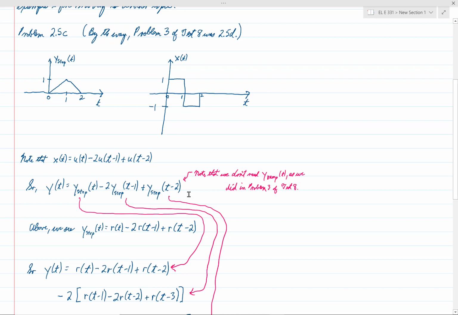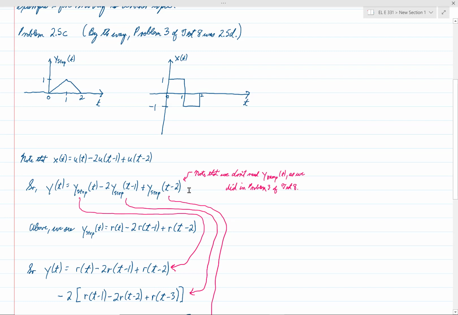And I'll point out now why this problem will be less tedious than the one before. Notice that in 2.5D, or problem 3 of test 8, if you go back and look at it, finding y of t required knowledge of y ramp of t.